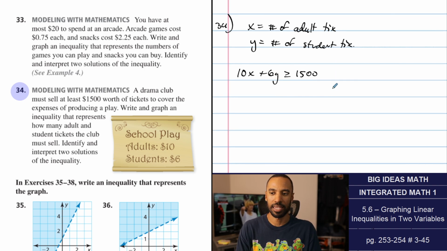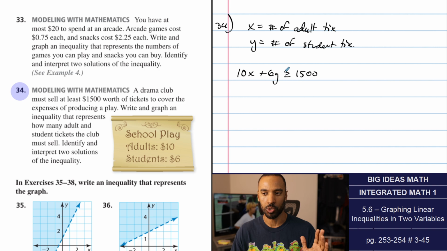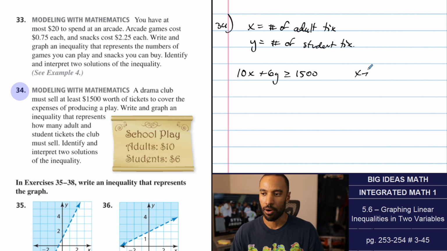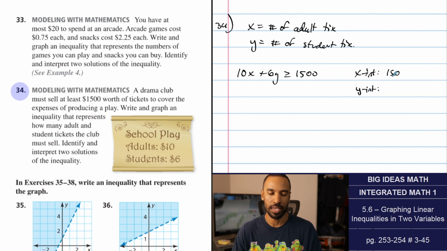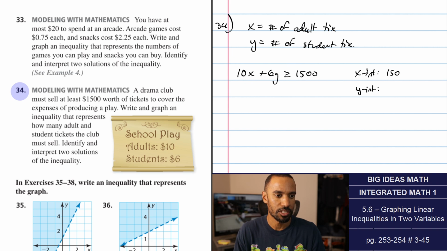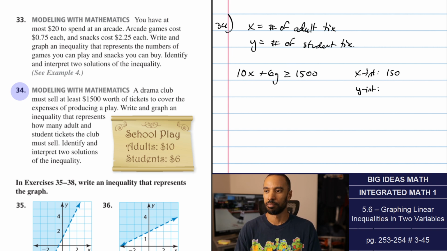Now, this is one where I can at least do intercepts on and be okay. Remember, we first graph the boundary line as if it's equal to. So for our x-intercept, if we divide 1,500 by 10, we get 150. The y-intercept, if we divide 1,500 by 6, we get, I don't know, I just know it's a clean number. 1,500 divided by 6, we get 250.